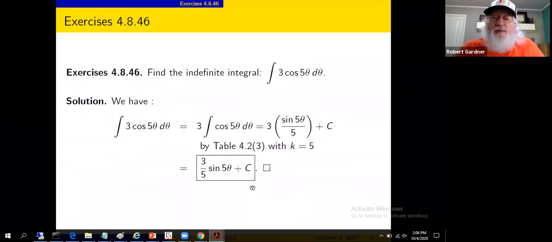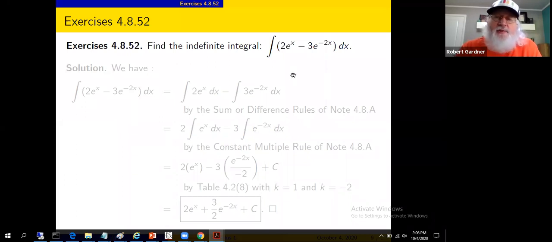So the table tells us we get sine 5 theta divided by 5, plus a constant, still got the 3 out front, and that gives us 3/5 sine 5 theta, if you simplify it a little bit. They have to ask us very specific indefinite integral questions, because if it ain't in table 4.2, we can't do it. Unless maybe we can take what they give us and turn it into something in table 4.2.